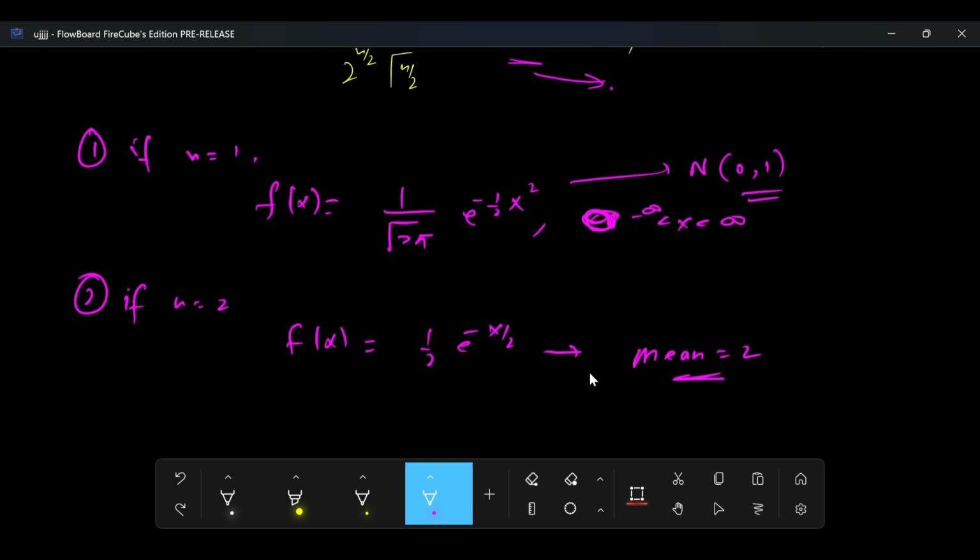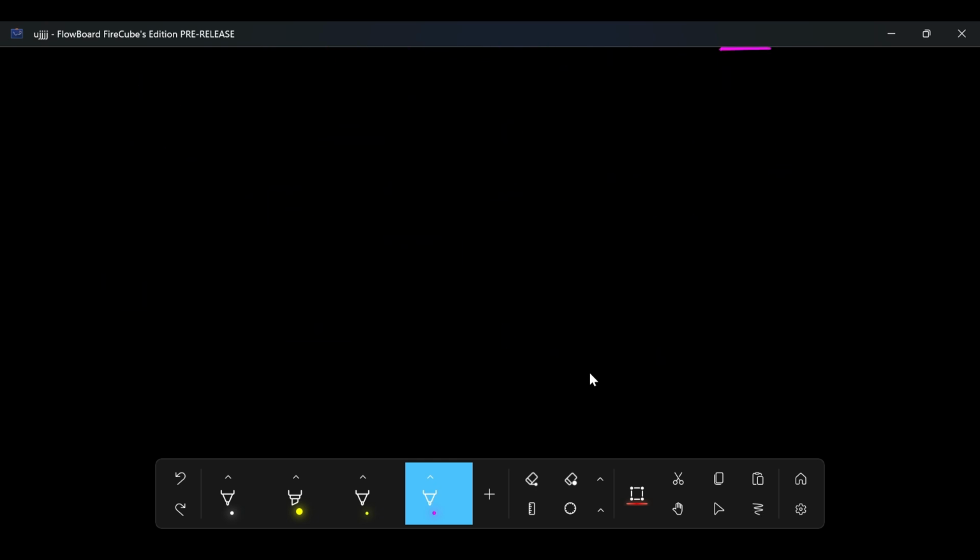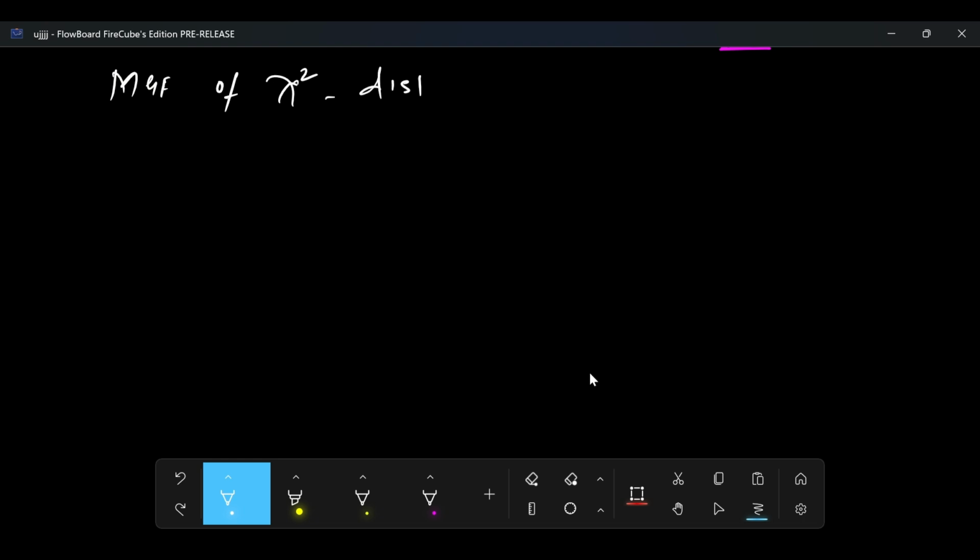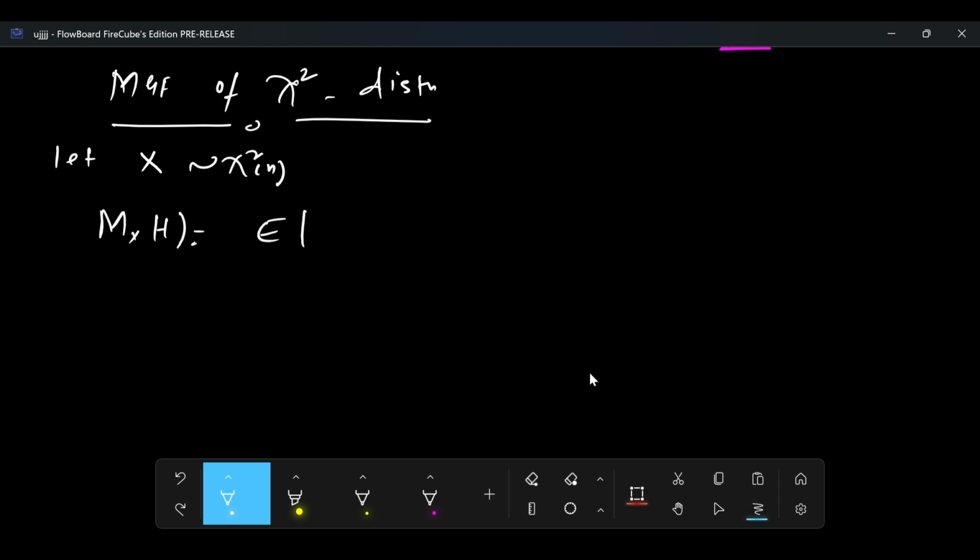Now, the MGF of chi-square distribution. What will be the MGF of chi-square distribution? Let's see. Let x follow chi-square n. What's M_X(t)? That is expectation of e to the tx, equal to the integral from 0 to infinity of e to the tx f of x dx. Clear?